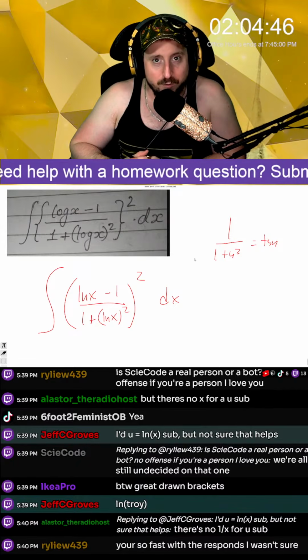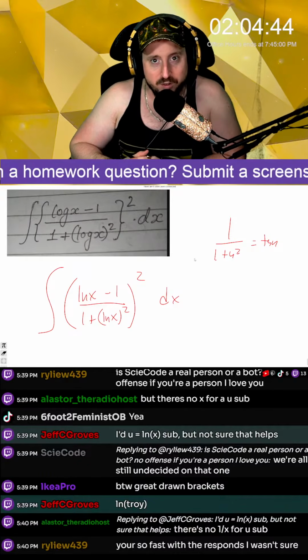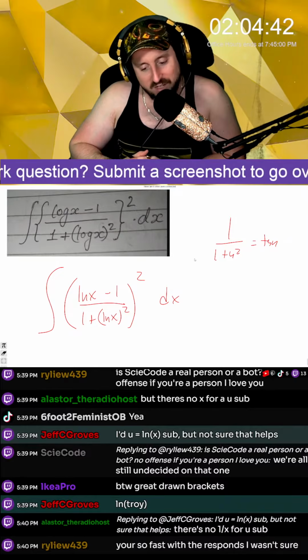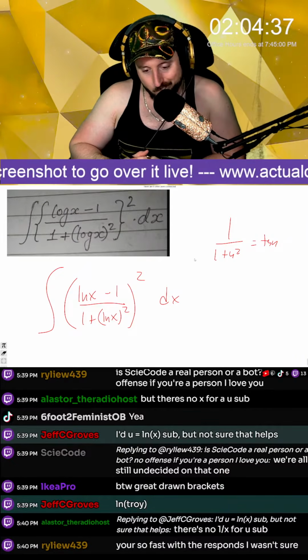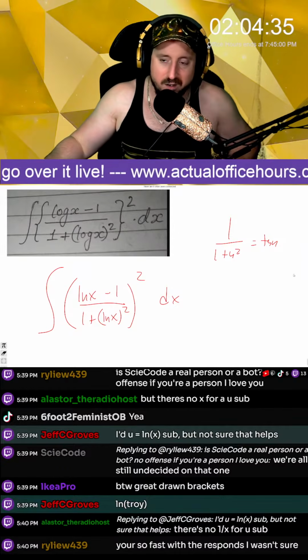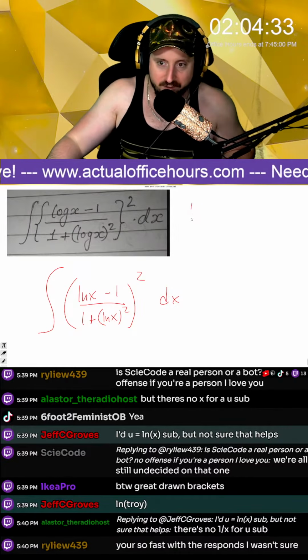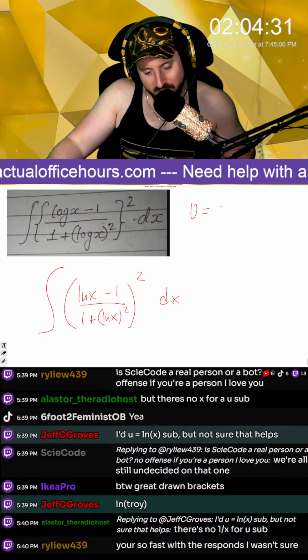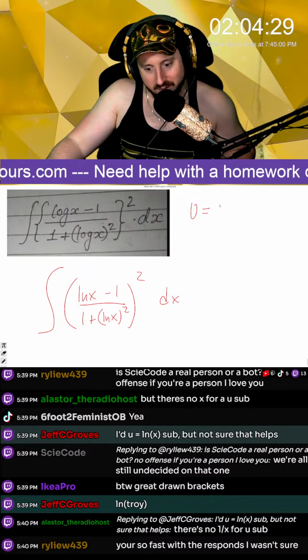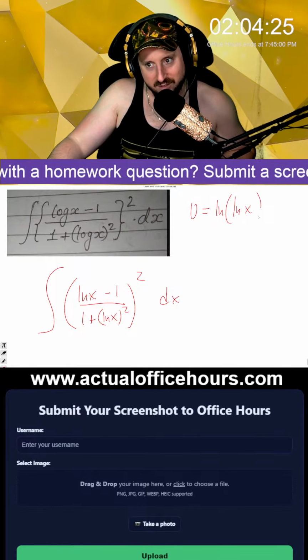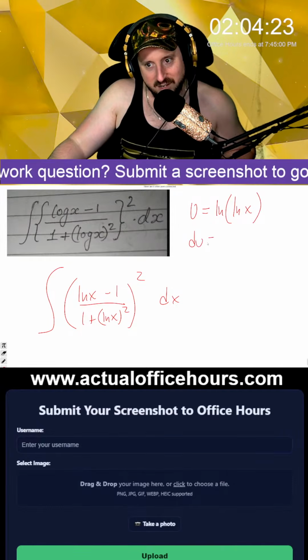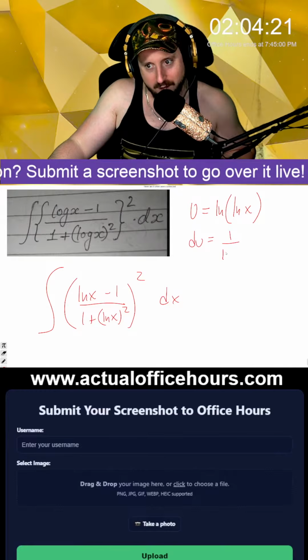There's no 1 over x for u. Yeah, u equals ln of x. If you can see the derivative somewhere else, it works. So you could say, for instance, u is equal to... What if we did ln of x, and then du would be equal to 1 over ln of x.